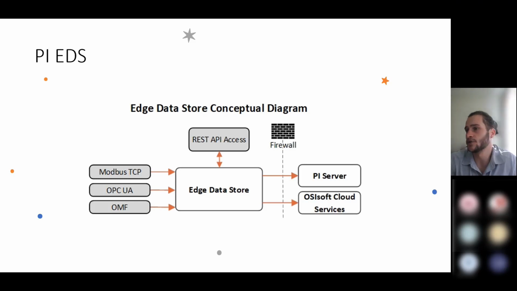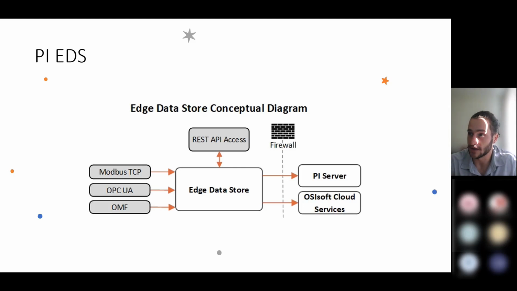It's a similar concept to the historian store-and-forward concept, right? Where the Edge Data Store collects data using either Modbus TCP, OPC UA, or OMF, which stands for OSIsoft Message Format. These are just some examples, right? As well as the REST API.